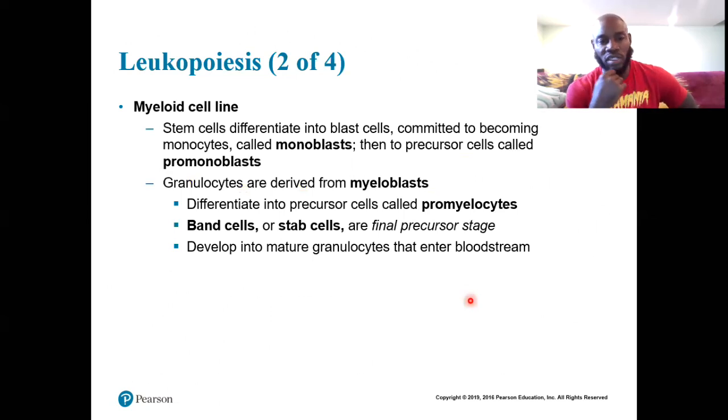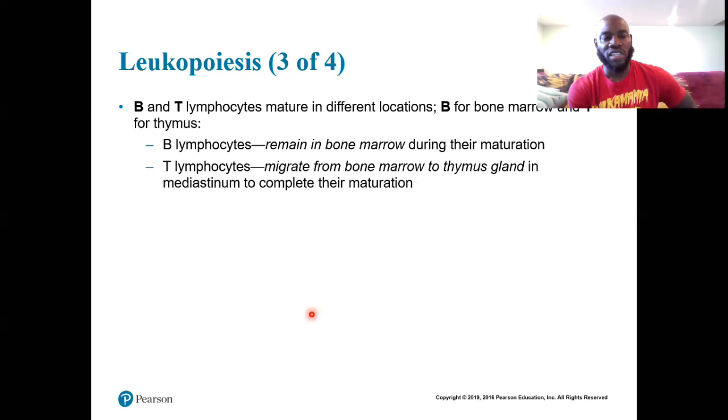And this talks about how the stem cells differentiate into different precursor cells. I want you just to read through this, but like I said, you don't need to know the whole process. The B and T lymphocytes mature in different locations. B is for bone marrow. Remember, both of these B and T lymphocytes are agranulocytes. B cells mature in the bone marrow.